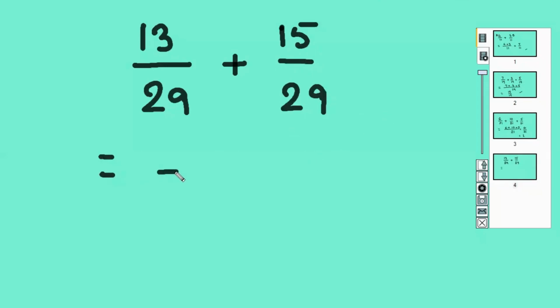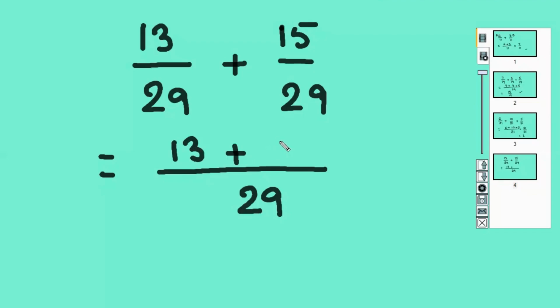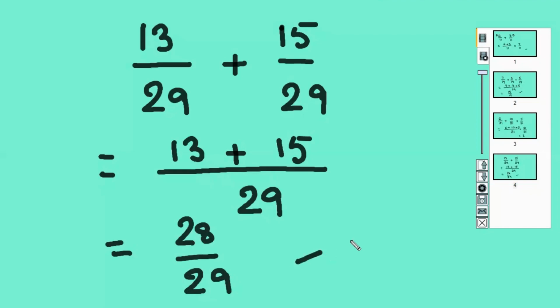We give an equal to sign, we have the common denominator 29, we write down the numerators 13 plus 15 as it is given, and then we add it, we get 28 out of 29. My work is done.